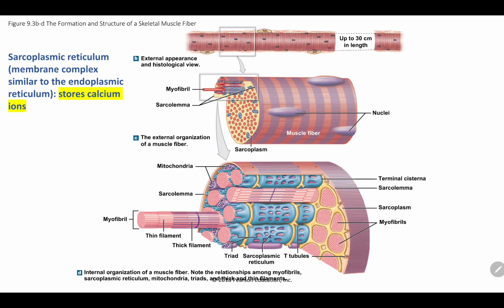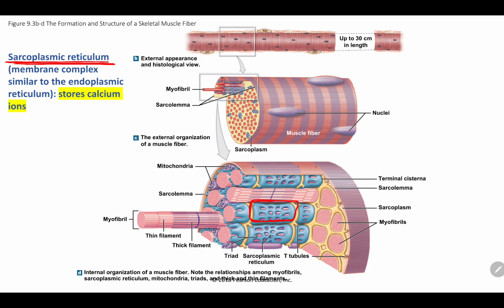And so when we're looking a little bit deeper within that muscle cell, you see this blue structure? We talked about that blue structure, right? This blue structure is called the sarcoplasmic reticulum. And it's similar to that endoplasmic reticulum, so remember, it's just in the word. Similar to that smooth endoplasmic reticulum that we find in our cells.